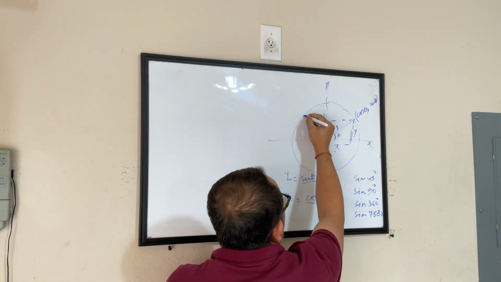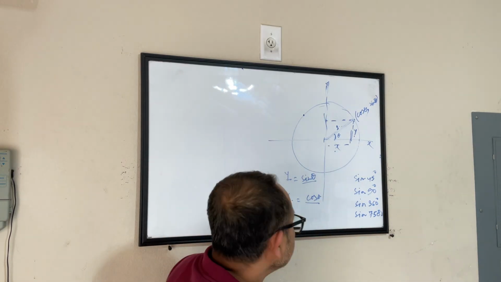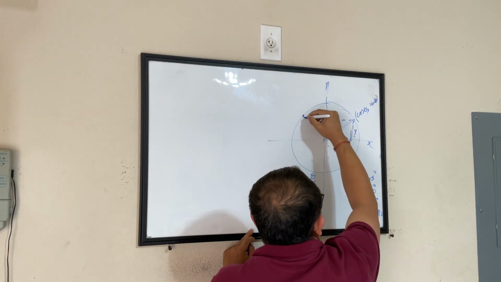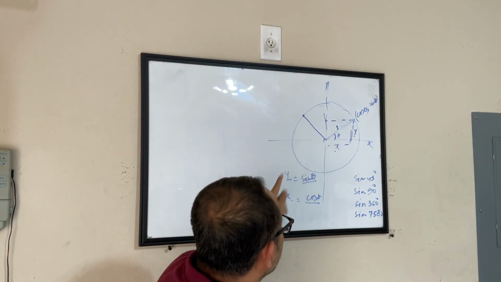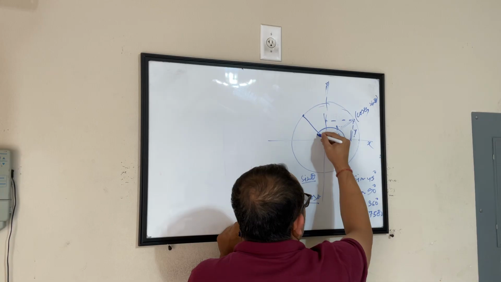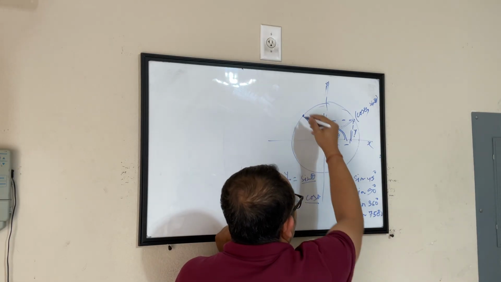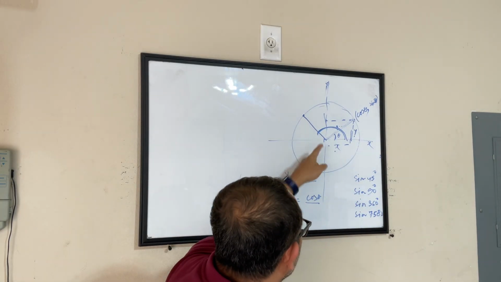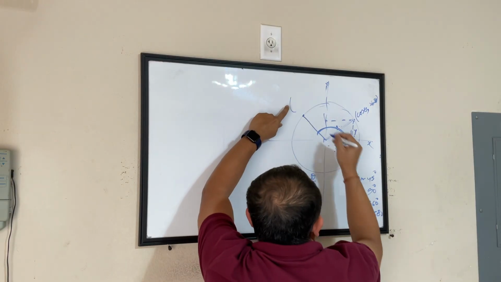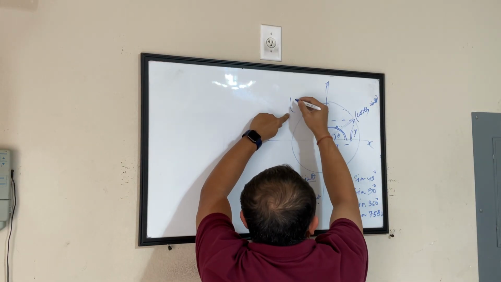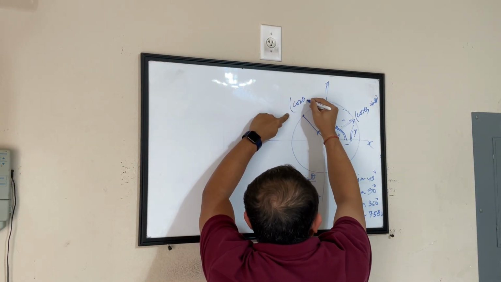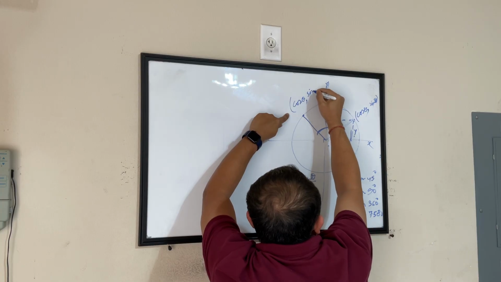Now you pick up this point. What is the x and y coordinate of that point? Join this. This is your theta. Here also, for whatever is the theta angle, x coordinate will be cos theta, y coordinate will be sin theta.